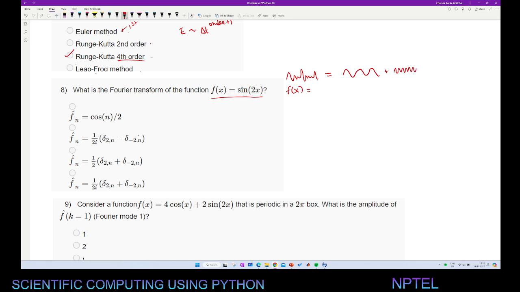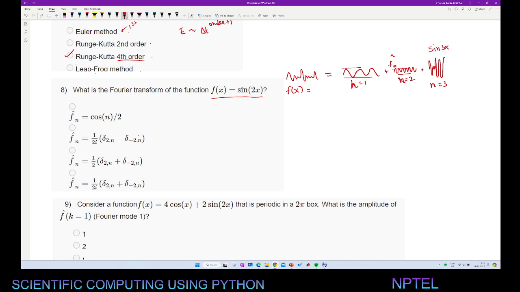So it could be something like this, and there is high frequency, so like this, and the amplitude of these waves are your Fn, right? And this could be say k is equal to 1, this could be k is equal to 2. We are calling it n. Okay, so n is equal to 1, n is equal to 3. So this is like sine 3x, etc.